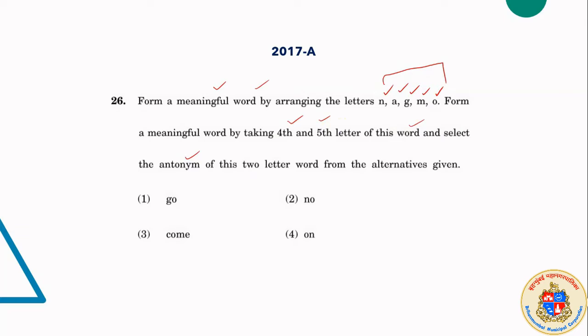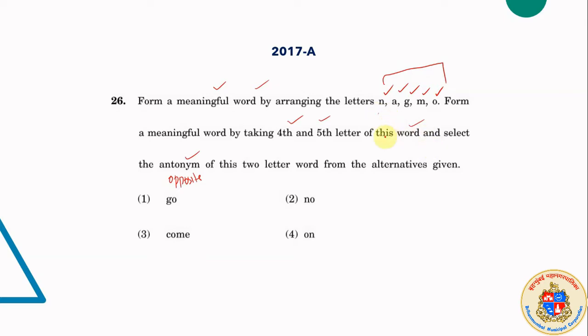That means those letters will again be meaningful, so you can take the antonym, meaning opposite, of those 2 letters, the 4th and 5th letters put together, from the alternatives given below. इसके अंदर ये 1, 2, 3, 4 इसके अंदर उसके आंसर भी है.